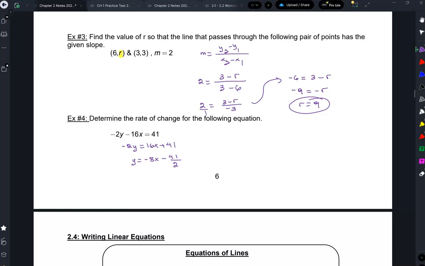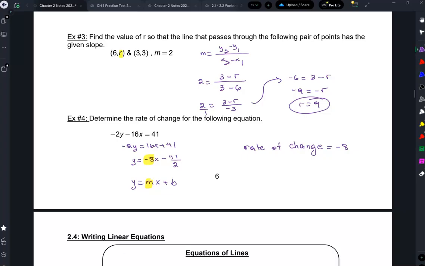Where in here is the slope? -8. Remember, it's y equals mx plus b, right? So this is the slope, -8. So m is -8, or the rate of change. The rate of change and slope are the same.